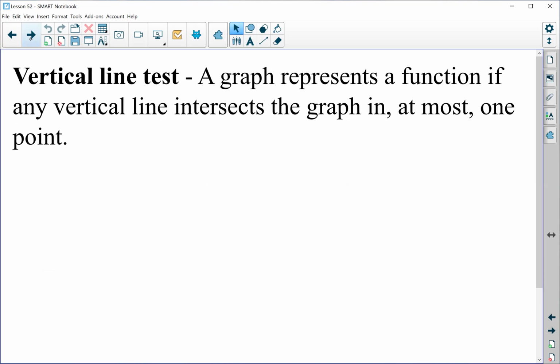The vertical line test: if you draw a vertical line and it passes through only one point, or at most one point on the graph, then your graph is a function. So in other words, the graph doesn't double over on itself. In terms of a table of values, each input value occurs only once.